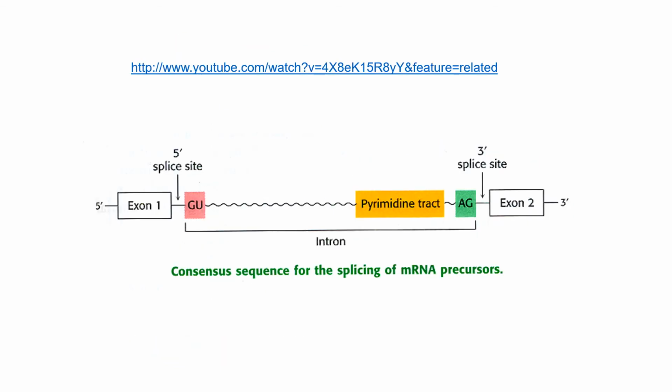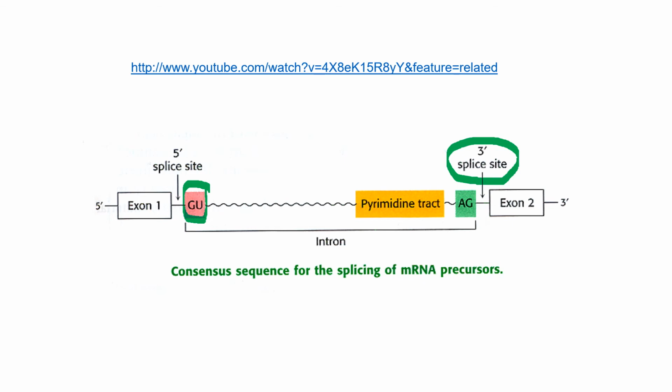Let's take a closer look at an actual intron site and this consensus sequence for the splicing of the mRNA precursors. Here's exon 1, here we have an intron, here's exon 2, and there are designated codes that identify the 5' splice site as well as the 3' splice site.